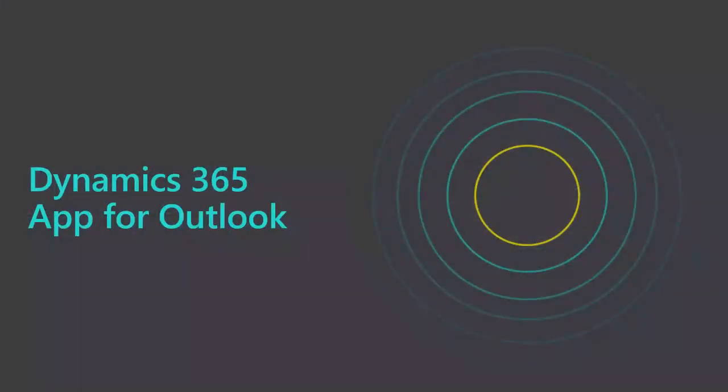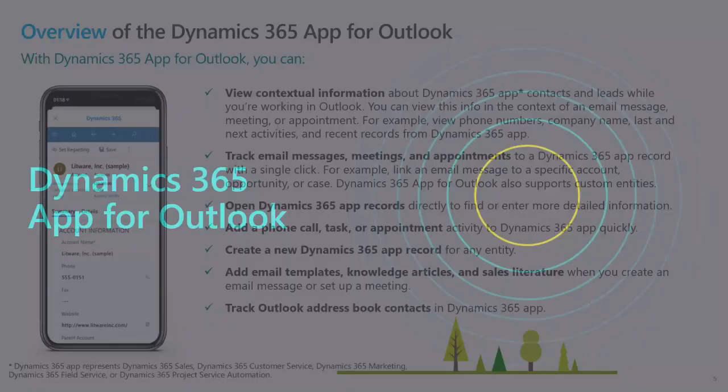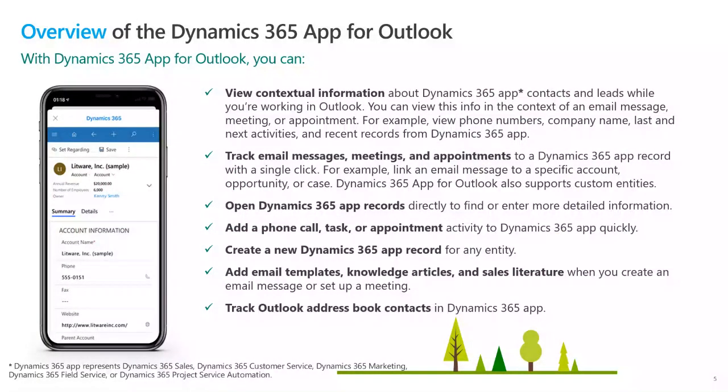First, let's discuss what's in the app for Outlook. You may already know it, but it's good to review some of the core features. The app for Outlook allows you to view contextual information about Dynamics 365 contacts, leads, and records while you're working in Outlook, without having your CRM open in the browser and Outlook open in the background.